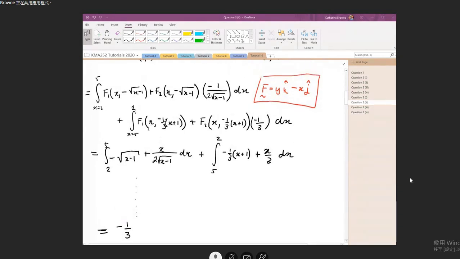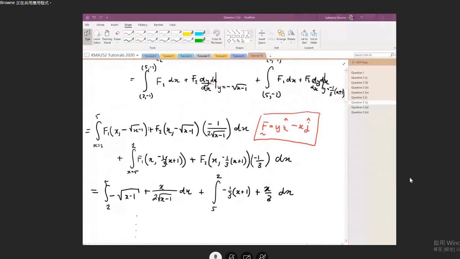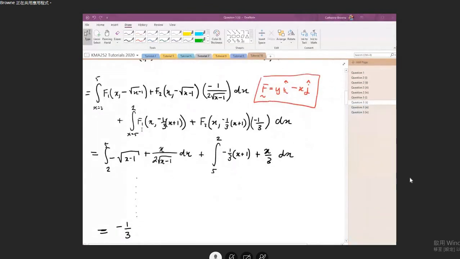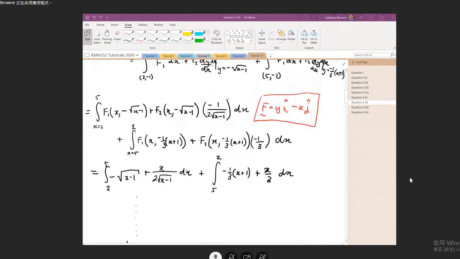So F1 is y. So for this integral, this first part, it's at y equals minus the square root of x minus 1.